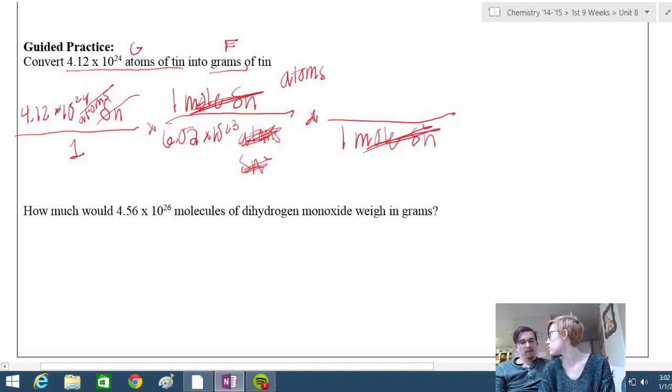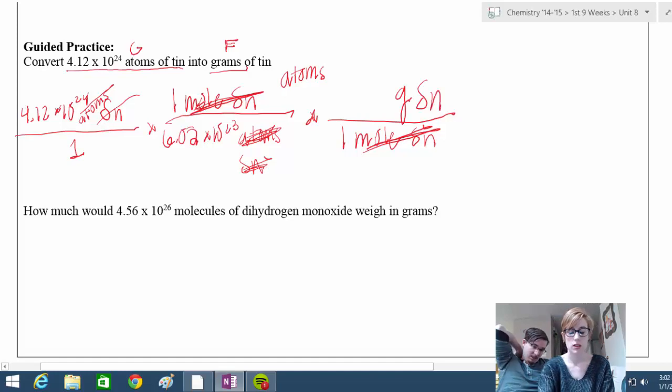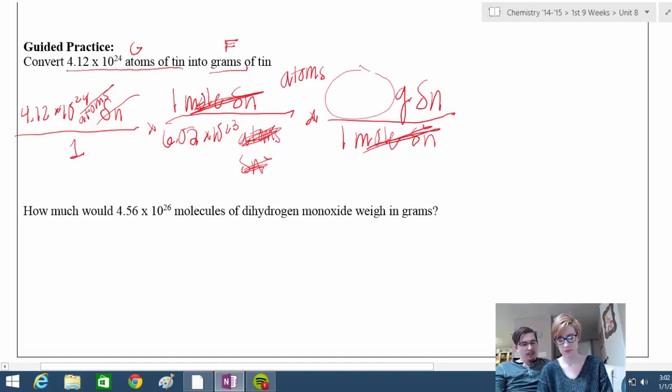What goes on the top of this fraction? The molar mass of tin. Right, so grams of tin goes on the top. Now, how do I find the molar mass of tin? Looking at your handy-dandy periodic table. That's right. So when I look at the periodic table, it says my molar mass is 118.71 grams of tin per 1 mole of tin.